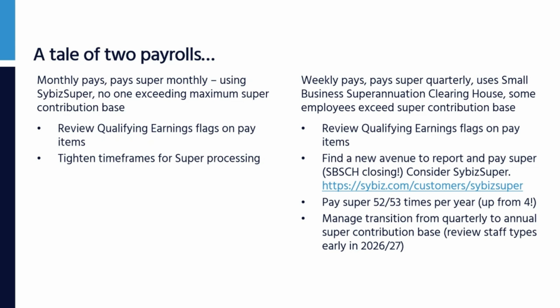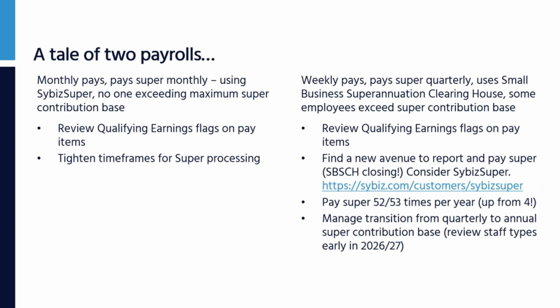And just a little bit of a scenario-based overview of looking at a couple different payroll scenarios and what their experience will be. So the one on the left is fairly similar to what we do here at Sybiz.